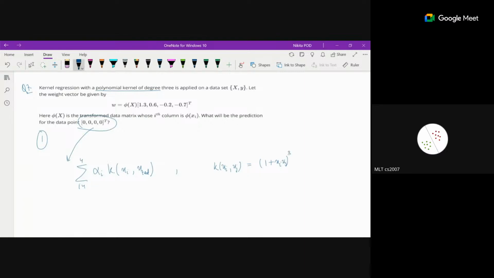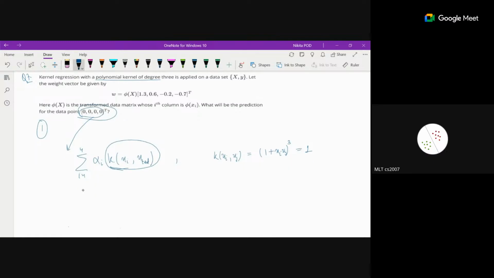Since your x test is given to you as all zeros, if you find k of xi comma x test for any xi, you are always going to get 1.